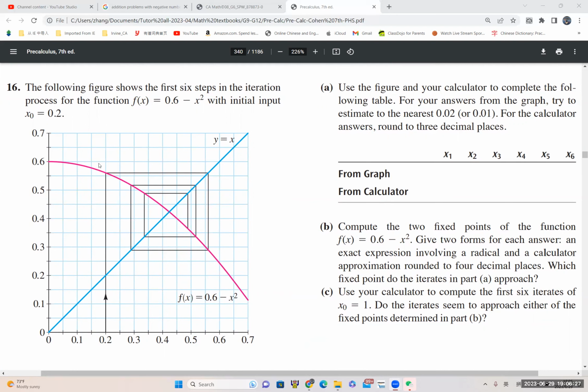So you need to find the rule for how they make it. What's x?